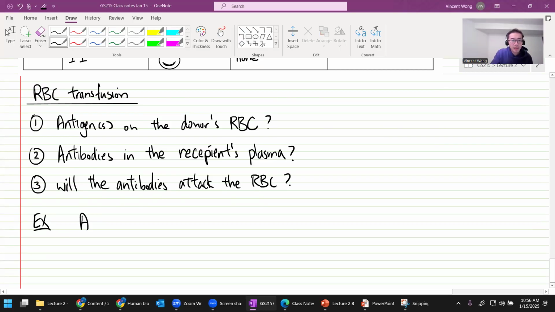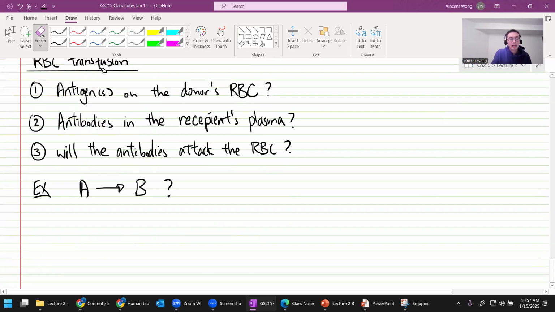Can A blood be given to a B person? I already told you no, but let's try to understand why. First question, antigens on the donor's RBC. For the donor, because they are type A, you will have A antigens on them.